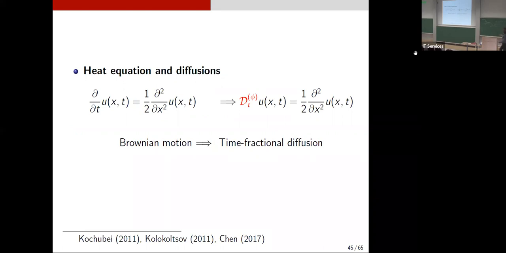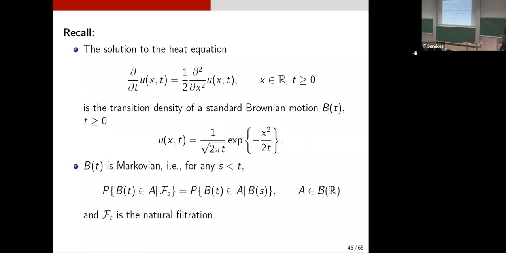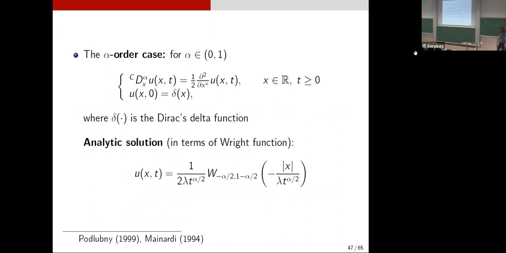As I've shown before, I recall that the solution to the heat equation is given by the transition density of a standard Brownian motion here. I recall that we are in one dimension, and again, it is well known that Brownian motion is Markovian, as I said before.